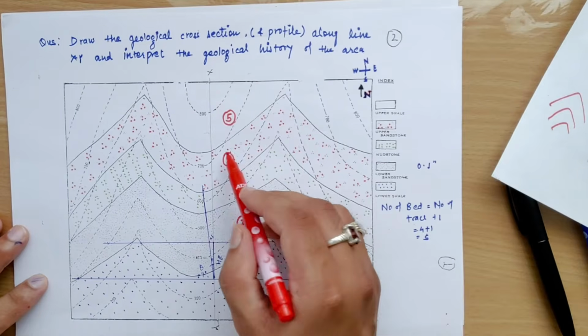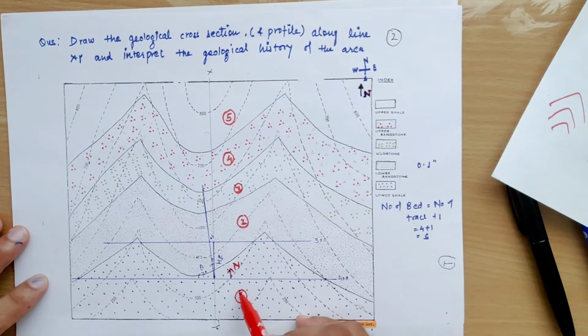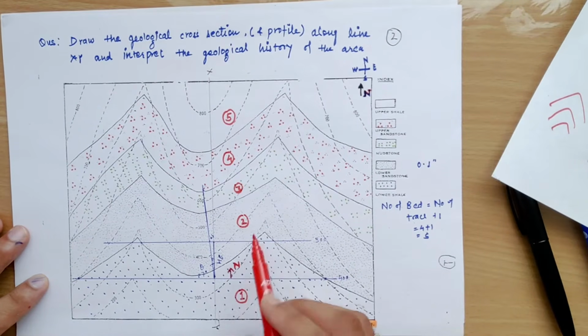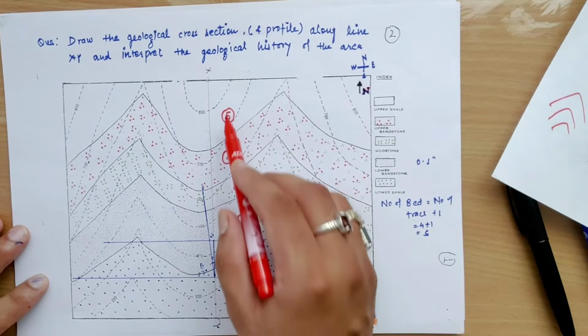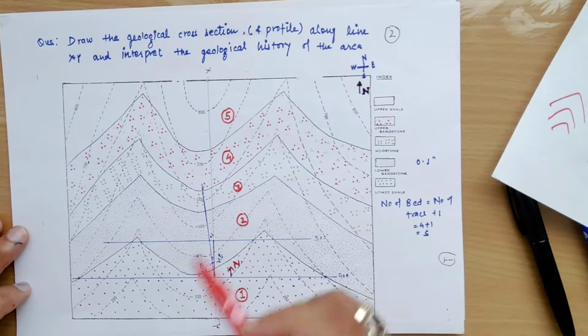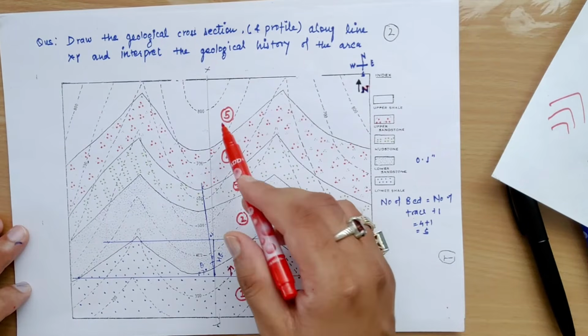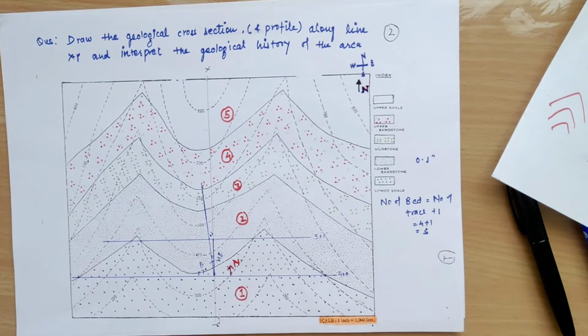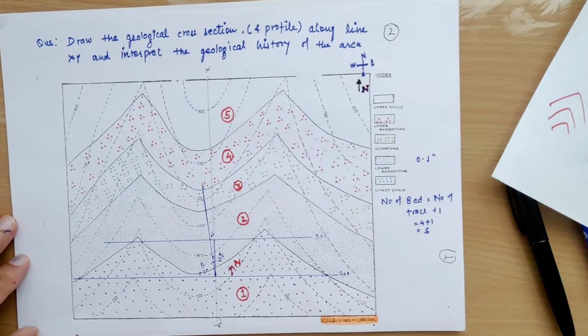We have already determined the ages of the beds in relative terms. So this is the oldest, this is the youngest. It means bed 1 must have been deposited first, followed by the deposition of beds number 2, 3, 4 and 5. So we can interpret the history like this: bed number 1 was deposited over an unknown basement because we don't have any idea about the lower contact of bed number 1.